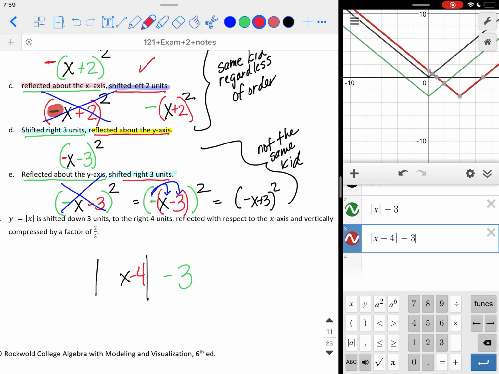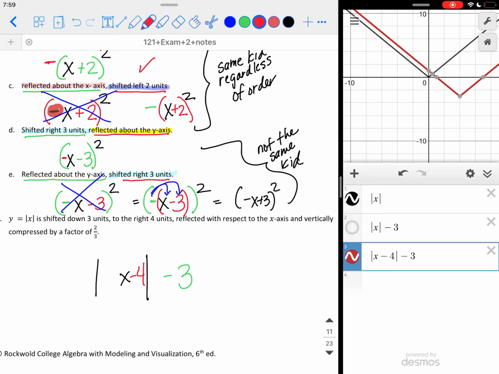Reflected with respect to the x-axis. So now with our kid in, so that we're not getting too confused, I'm going to not graph the, I guess, first trimester. So here on this one, we have shifted down 3 units and shifted to the right 4 units. Now this kid in utero in red, we want to reflect it across the x-axis. So we want to flip it across the x-axis. And so if we're going to flip across the x-axis, we need a negative on the outside.